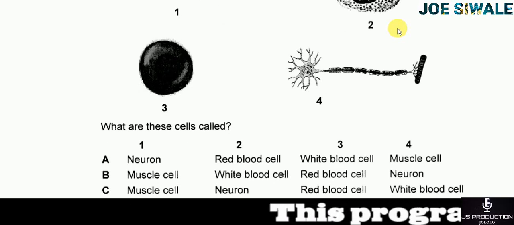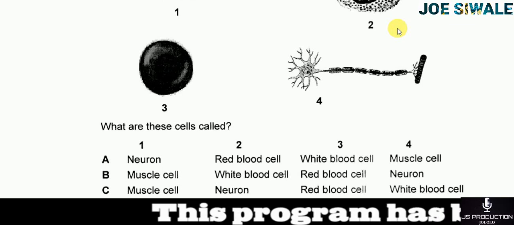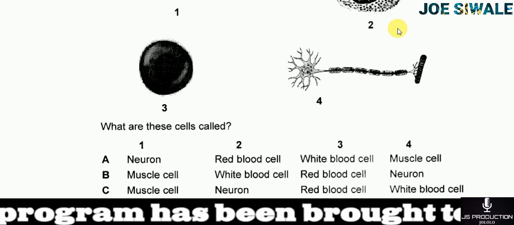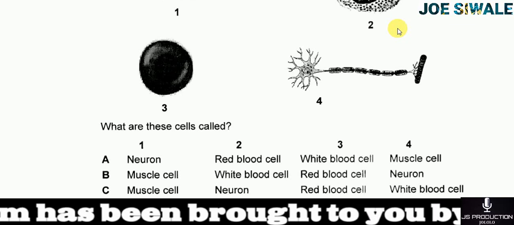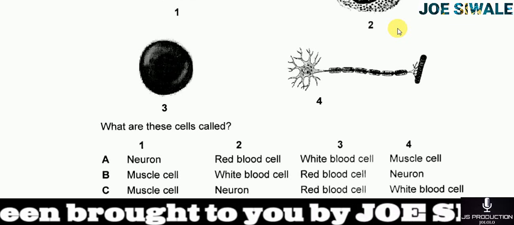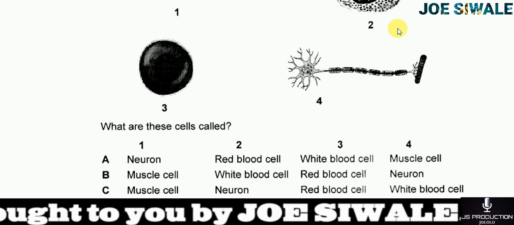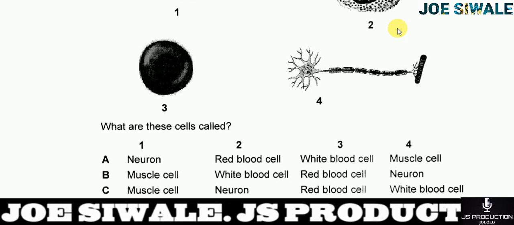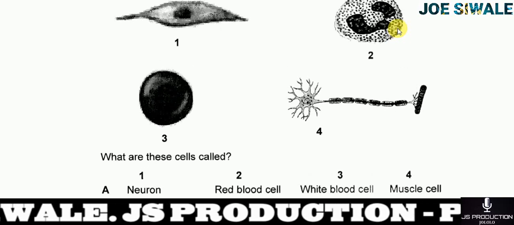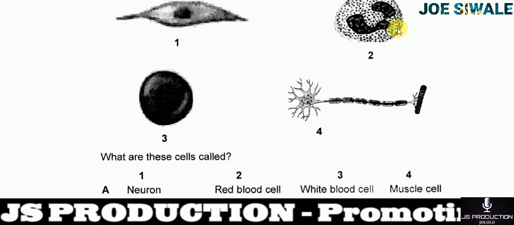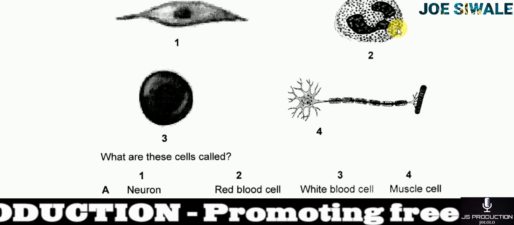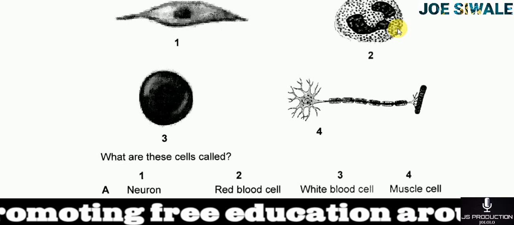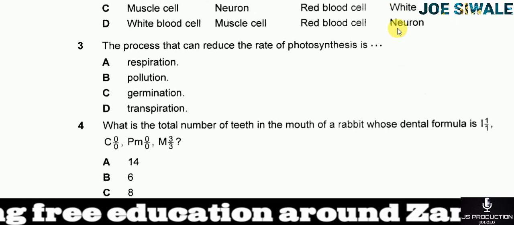Multiple choice C, 1 a muscle cell, 2 a neuron, 3 red blood cell, 4 white blood cell. D, 1 white blood cell, 2 muscle cell, 3 red blood cell, 4 neuron. So my answer here is B, which has 1 muscle cell, 2 white blood cell, 3 red blood cell, and 4 a neuron.